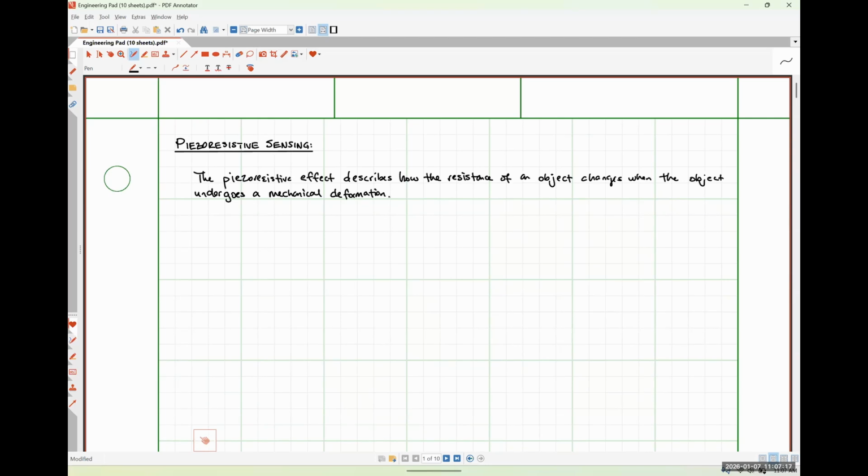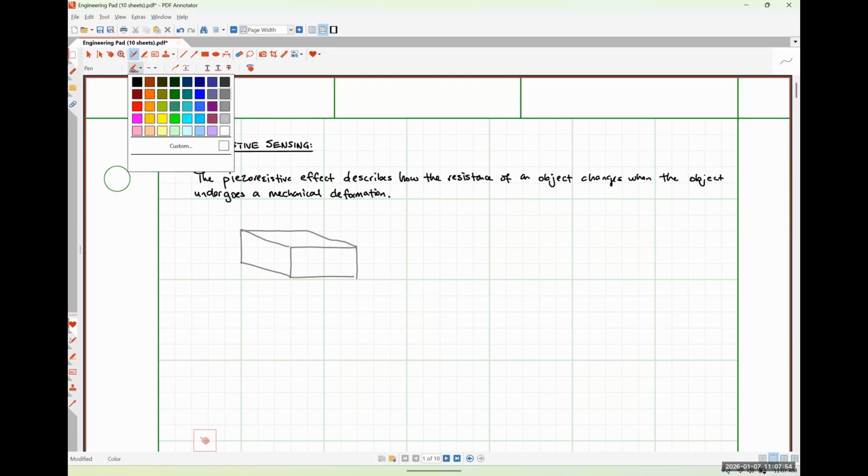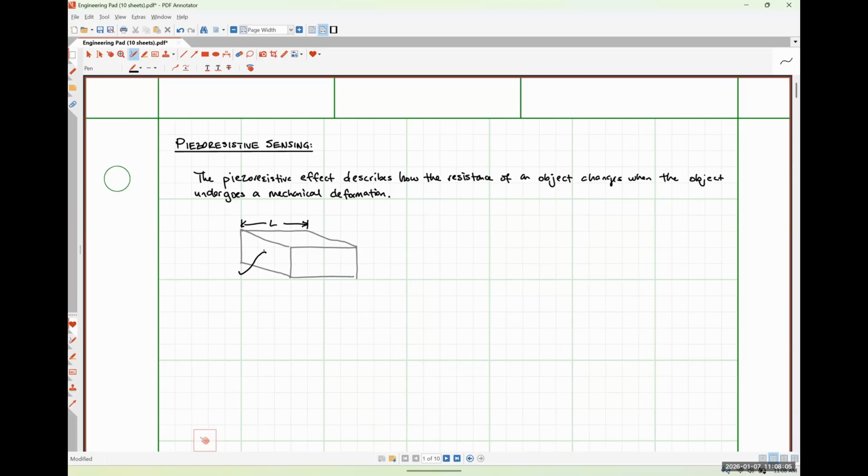So for example, if we have a simple beam structure like we've looked at multiple times in this class, something akin to this, where this is our original length and this is our original cross-sectional area.